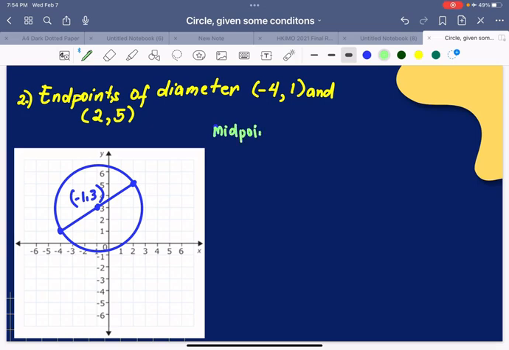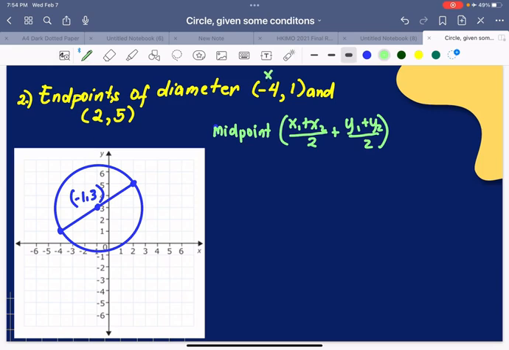Okay, midpoint. So, midpoint is using the two ordered pairs to determine the midpoint between the 2 points. Okay, so the formula is ((x sub 1 plus x sub 2) over 2, (y sub 1 plus y sub 2) over 2).